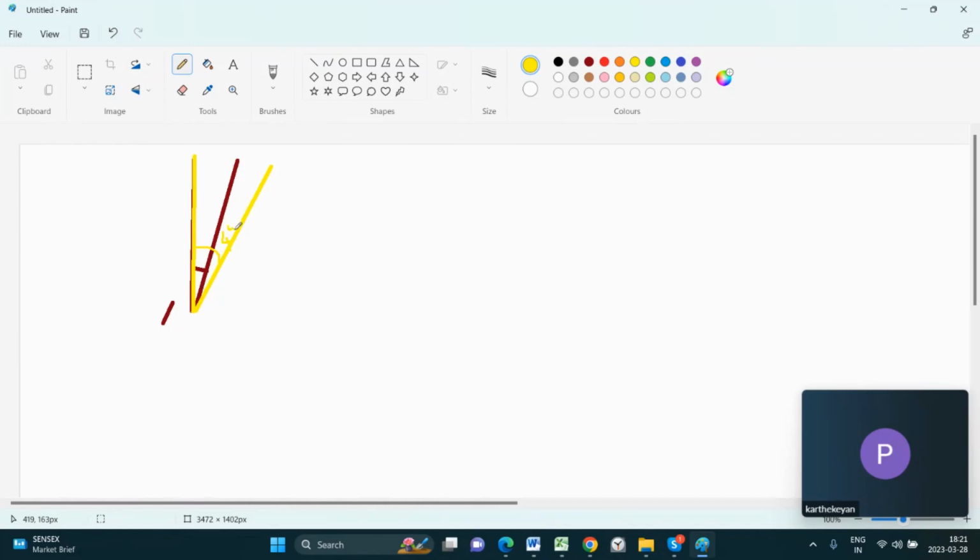Is it visible, correct? First I drew A, maroon is A, at 30 degrees.